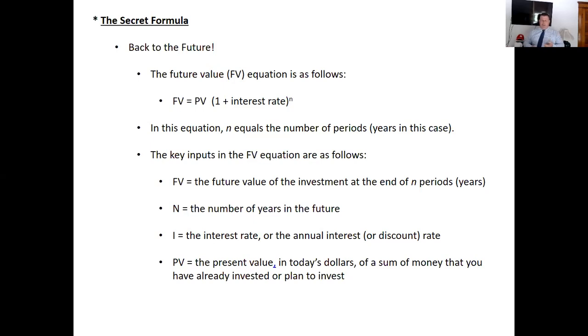FV is the future value of the investment at the end of n periods, years. N is the number of years in the future, although if you have compounding periods shorter than years, n would equal those compounding periods as well. I is the interest rate, or the annual interest or discount rate. PV is the present value in today's dollars of the sum of money that you've already invested or plan to invest, and you want to know what it will be worth in the future if it earns interest.